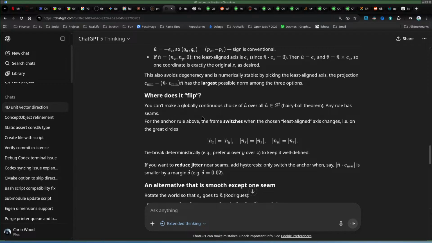You can't make a globally continuous choice of U over all n in S squared, the hairy ball theorem. Papers have been written. Any rule has seams. For the anchor rule above, the frame switches when the chosen least aligned axis changes on the great circles.